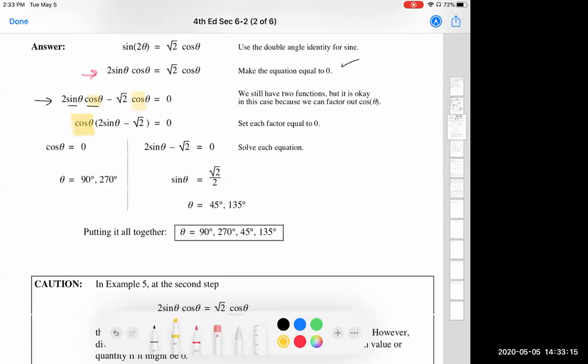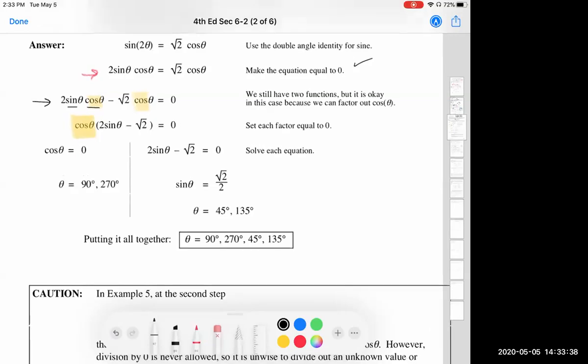If we factor out cosine theta, what are we left with? We're left with 2 sine theta minus square root of 2. Okay, now by the zero product rule, we can set each one separately equal to 0. So I have cosine theta equals 0, and 2 sine theta minus square root of 2 equals 0. Now that's okay.